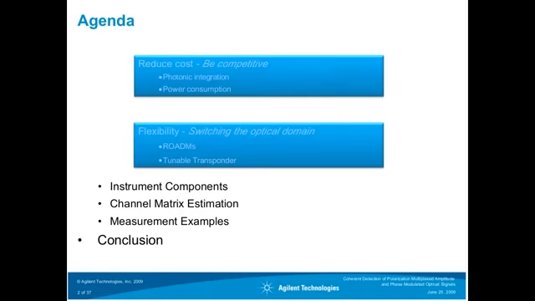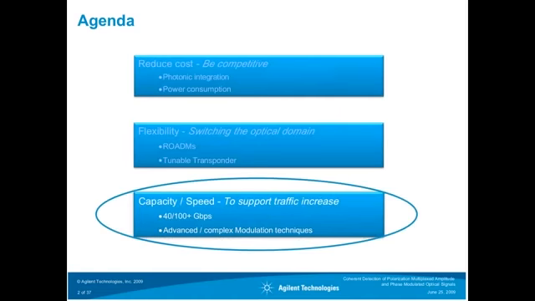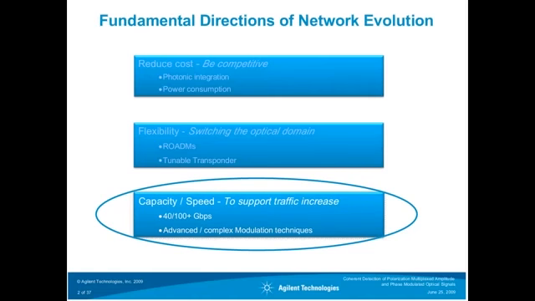So, fundamental directions a network takes right now. Of course, reducing cost, being cost effective, is always an issue, and photonic integration and power consumption are a few things people look at. Of course, people also look into flexibility, switching in the optical domain, an all-optical network. So they are looking at configurable optical add-drop multiplexers and tunable transponders.